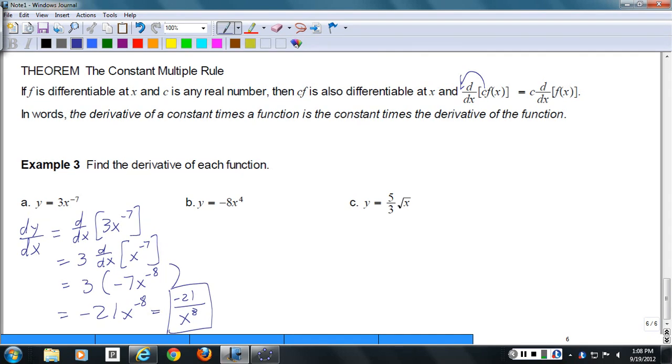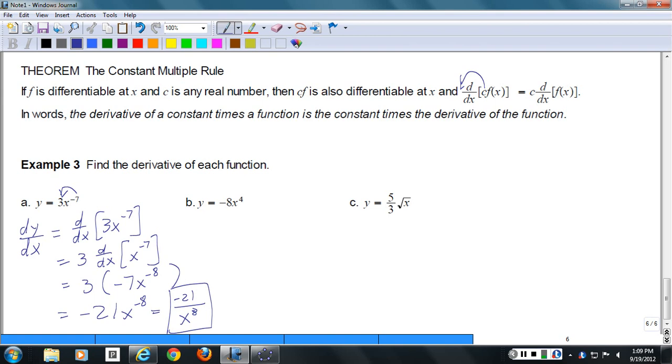Now, if we were to do a few of these, I'm just going to do one and make this observation. You can see that if we just take the negative 7 and multiply it by the 3, we get the negative 21, and then reduce the exponent by 1. So long as you know that we're applying the constant multiple rule to enable us to do that, it's fine. We can do this every single time. Multiply that exponent by the coefficient, and then we don't have to include these extra steps in the middle.